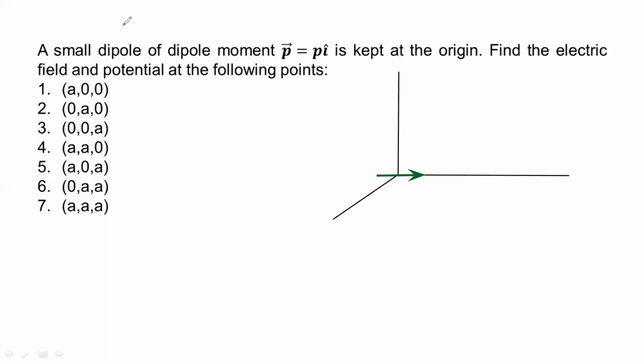And we are supposed to find the field at this point, a comma a comma a. Now, if you can imagine a cube of side a, this would be on the opposite corner of the dipole, right? Let's say that this is x, y, and z.